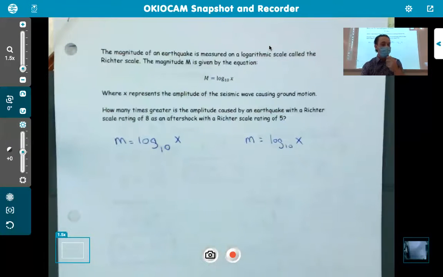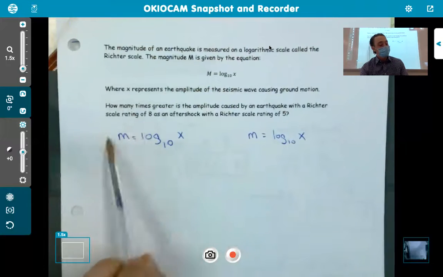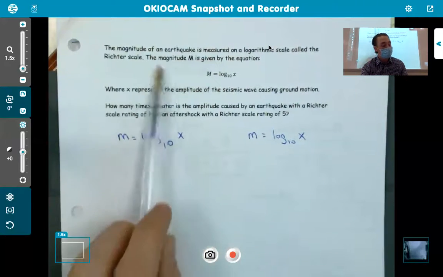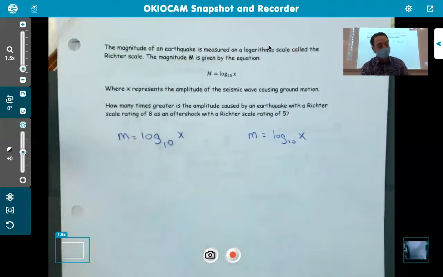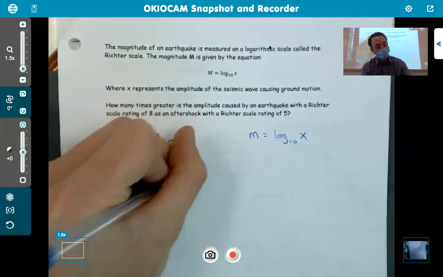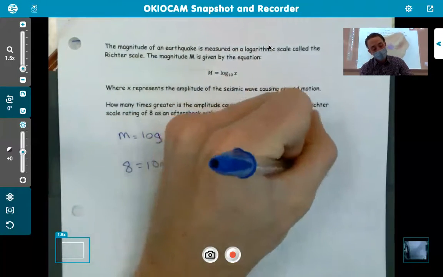All right. So I start with my original equation. And on this left-hand side, what I'm going to do is take 8, which is my magnitude, which is m, and plug it in for that variable. So I have 8 equals log base 10 of x. On the right-hand side, I'll have 5 equals log base 10 of x.